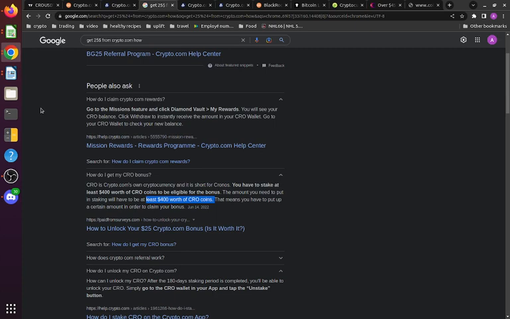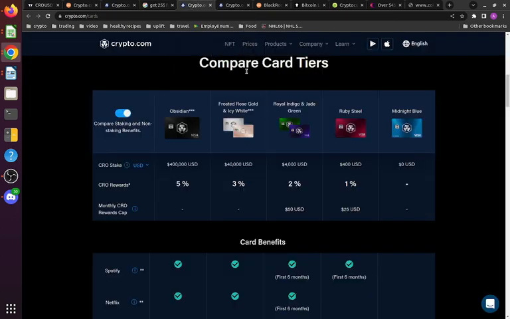So whatever price Cronos is, if Cronos goes to $1, then you have 312, you get $312. So that was the clarification.